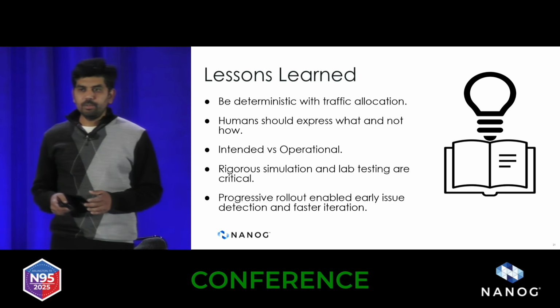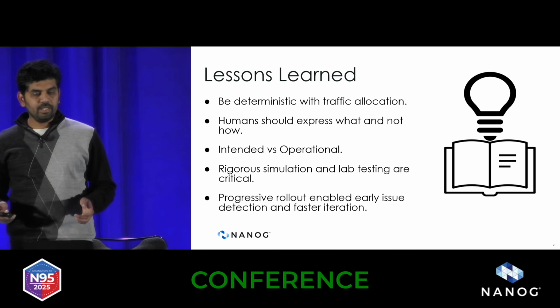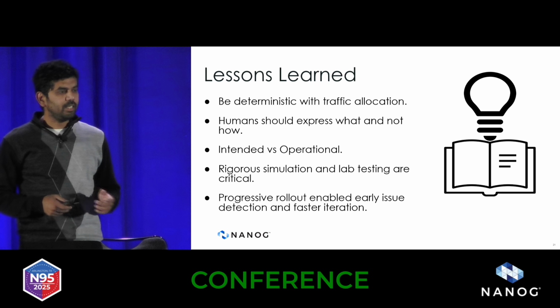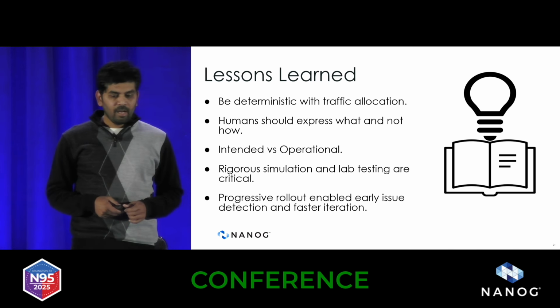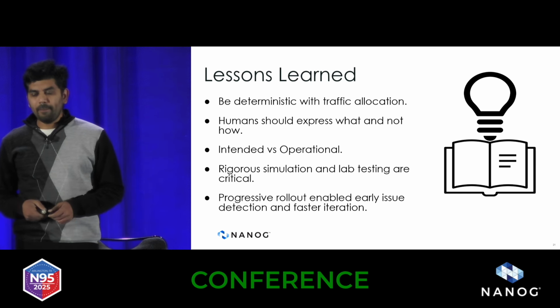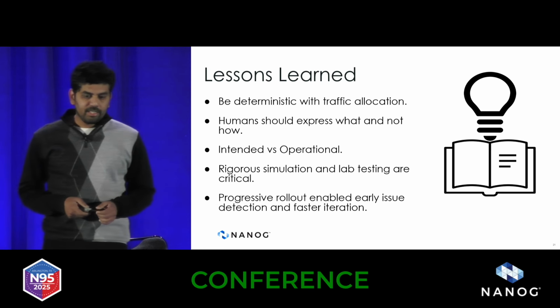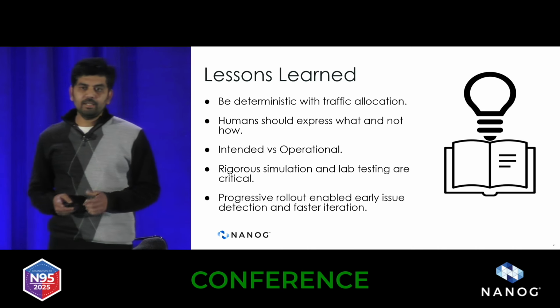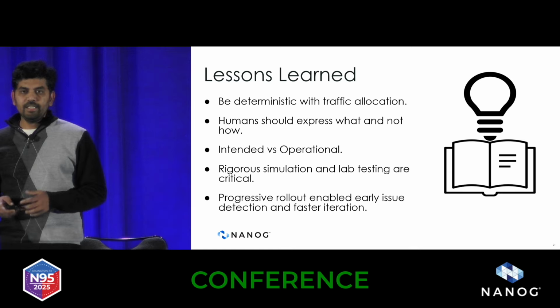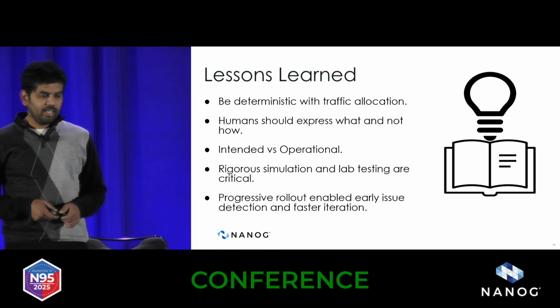While building, migrating, deploying, and managing, we learned so many key lessons. I would like to share some of them with you. When it comes to traffic steering, being deterministic is very important. Having random path selection and allocation is going to be a debugging nightmare.